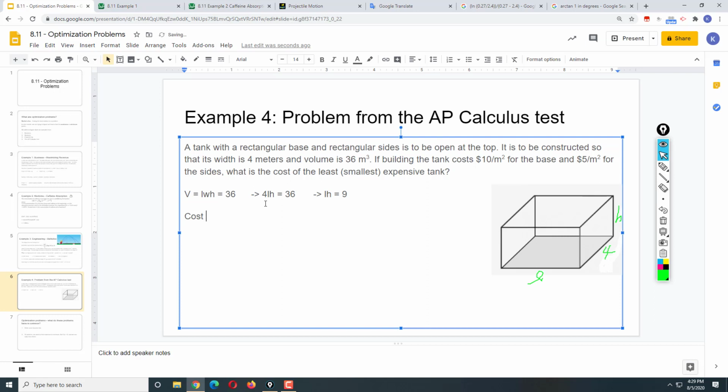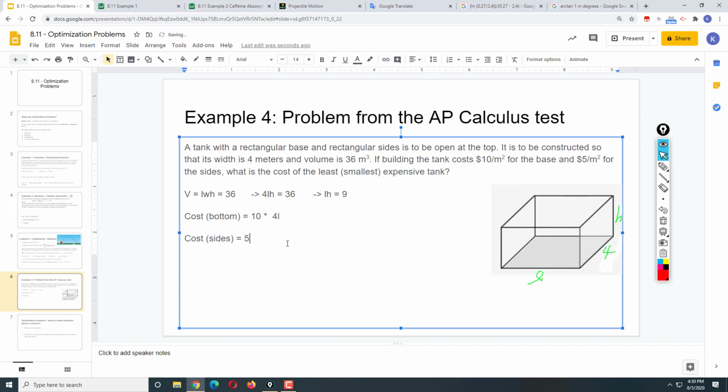Well, for the cost, first let's think about the bottom. So this is the bottom. The cost of the bottom, we're told, is $10 times our bottom, which is 4 times length. 10 times 4L. Next, we want the cost of the sides. There are 4 sides: 1, 2, 3, 4.